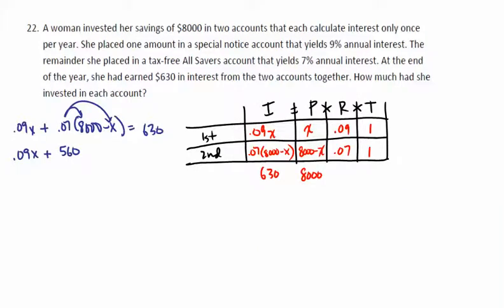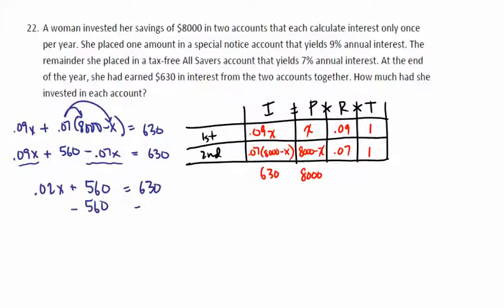Then remember, this is 0.07 times negative x, so it's minus 0.07x, and that's equal to 630. We have two terms to combine, the 0.09x and the minus 0.07x. That gives us 0.02x plus 560 equals 630.